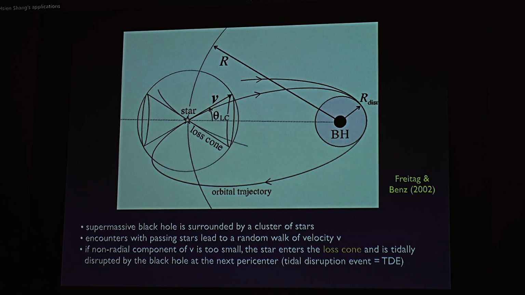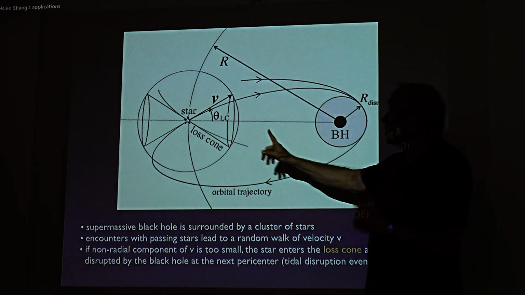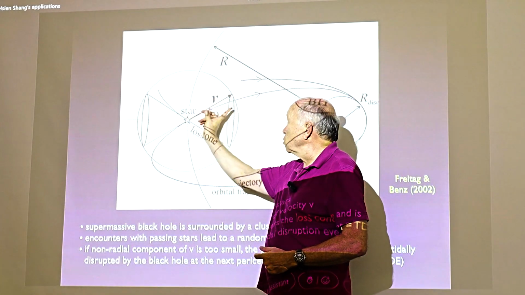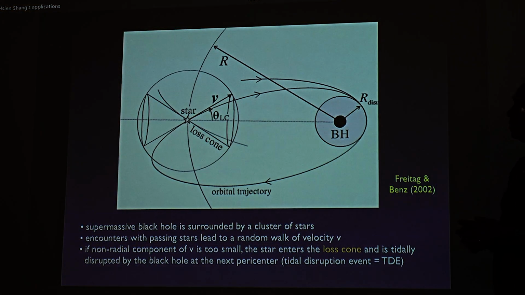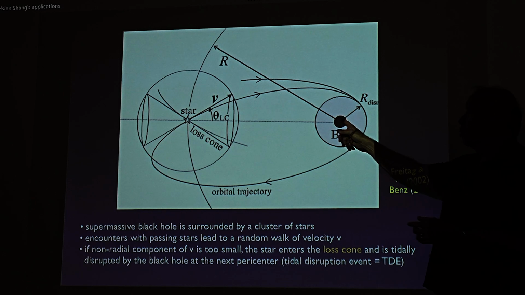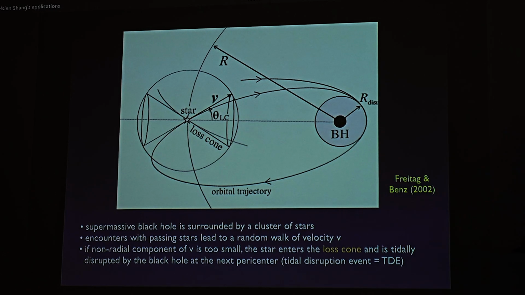Encounters between stars in the cluster lead the velocities of the stars to random walk. And if the velocities random walk to a direction which is oriented too close to the black hole, the stars will come close enough to the black hole to be tidally disrupted.